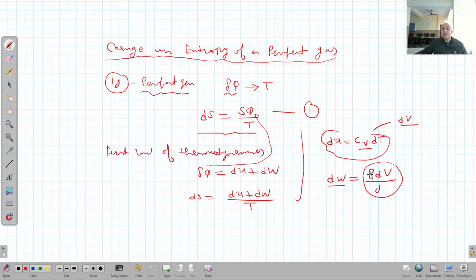So we are converting this mechanical work into equivalent heat by dividing by the constant J. As we have added delta Q heat to a gas at temperature T, the change in temperature of the gas is dT and the change in volume is dV. So I have these two relations, and now I am going to put them here.